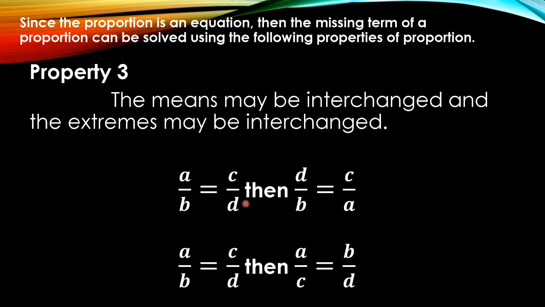Yung A na papunta sa pwesto ng B at yung B na papunta sa pwesto ng A. Then, saka natin pwedeng i-simplify or i-multiply ang means at extremes. So, dito naman, yung pinagpalit natin ay yung extremes. So, yung B na papunta sa numerator, kapartner na ng B, and then yung C, kapartner na ng A. So, kapag yung property number 3 lang ginamit natin, pwede din. So, ganito lang yung gagawin.